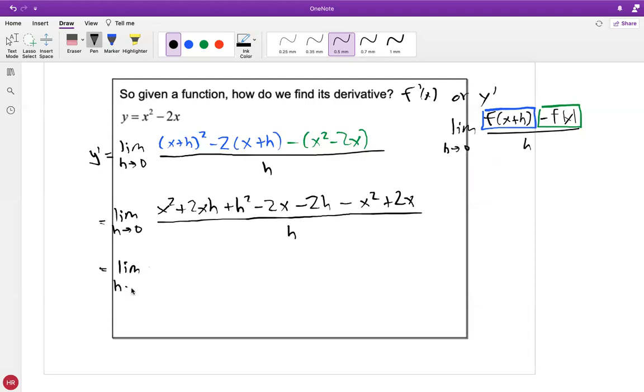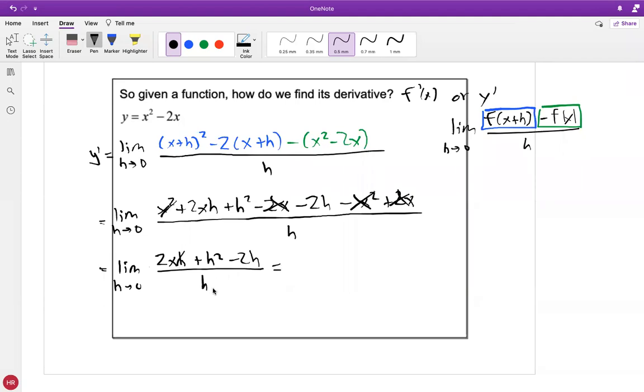Limit as h approaches 0. The x squared cancels out with a negative x squared, a 2x and a negative 2x. I have 2xh plus h squared minus 2h all over h. I still can't plug in 0 because then everything is 0, but I can cancel an h out of every single term. 1 here, 2 here, 1 there, 1 there.